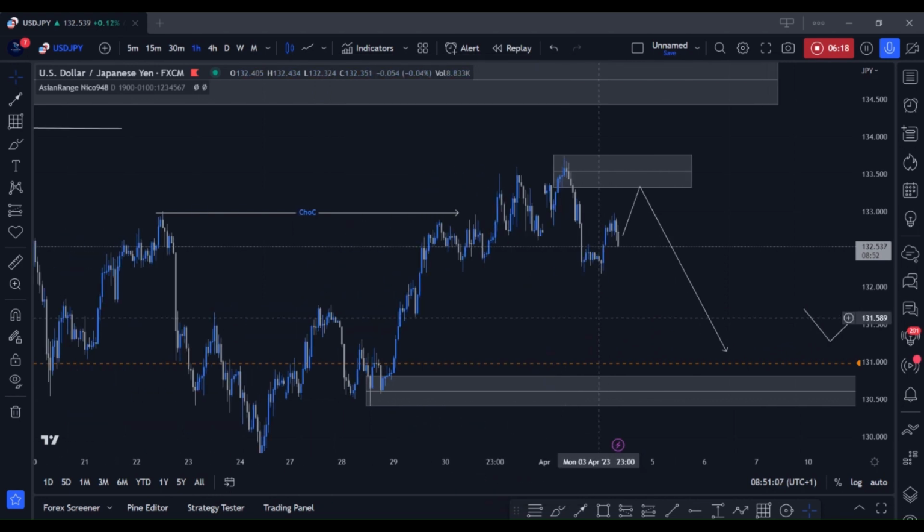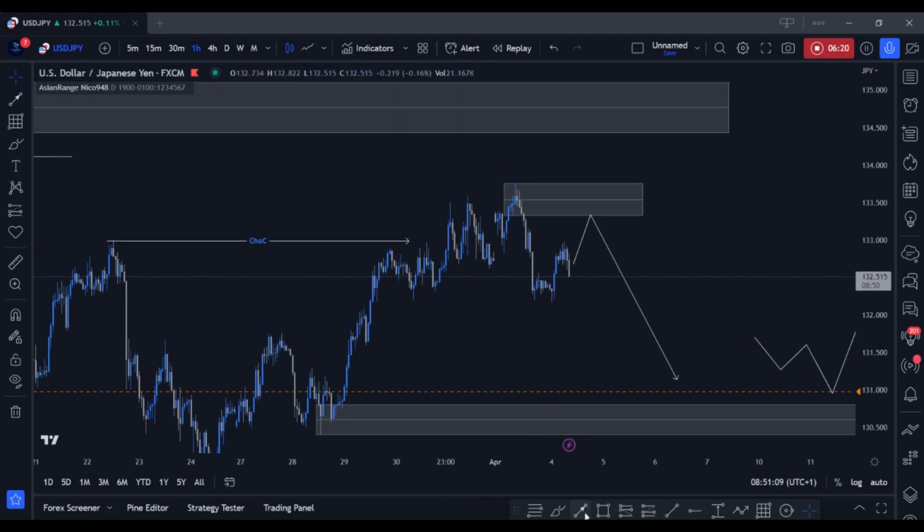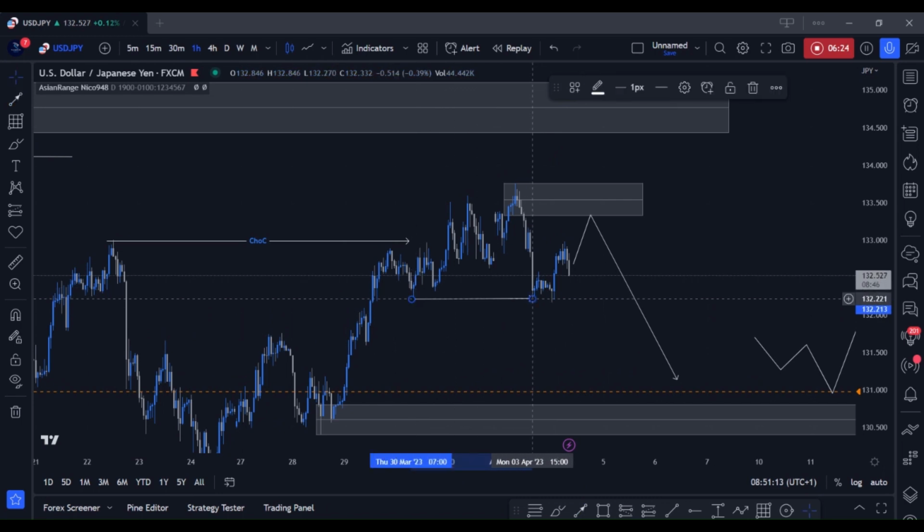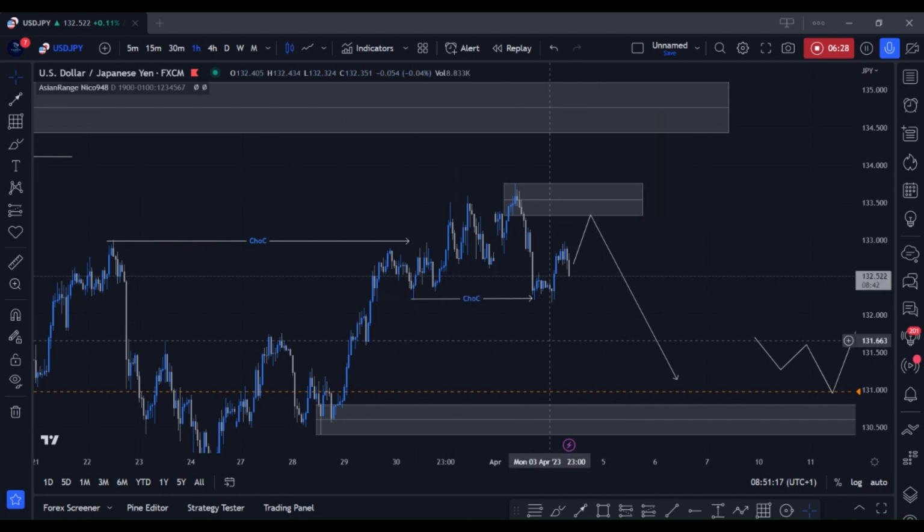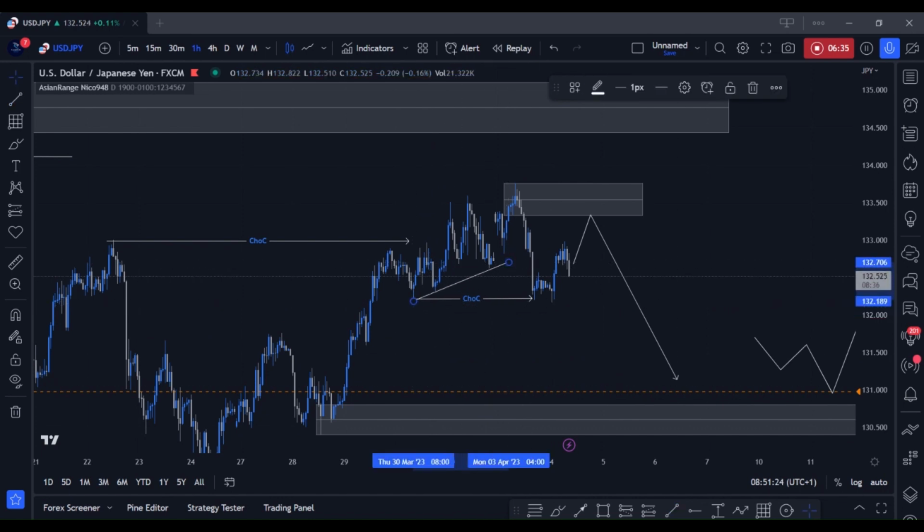So again, this is a nice textbook setup that we want to see, which is what we call a change of character or break of structure. So price has changed, and you can also identify a bit of liquidity that was here.